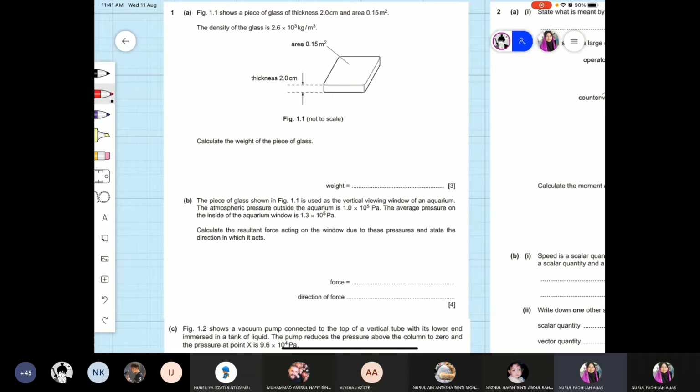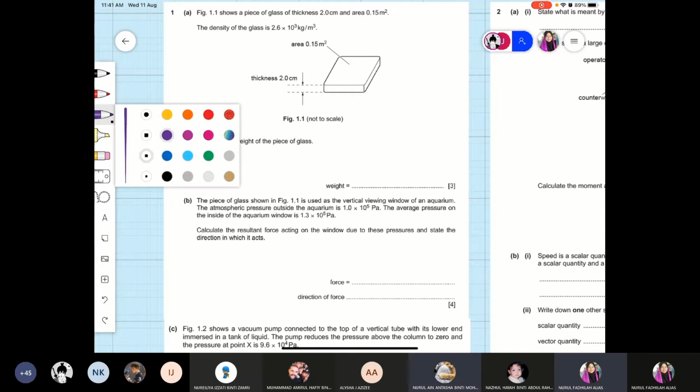Jadi what's the volume? Okay, siapa yang nak buat? 0.003. Okay. So awak dah buat lah ni. Siapa nak buat? Calculate the weight of the piece of glass. So kita tahu apa tentang general physics, you need to know about density.